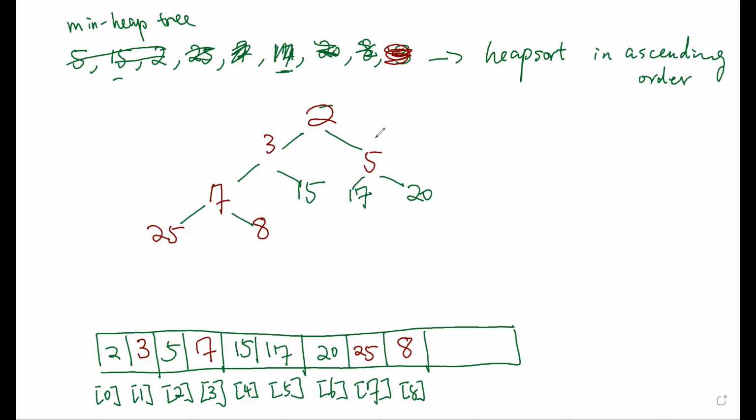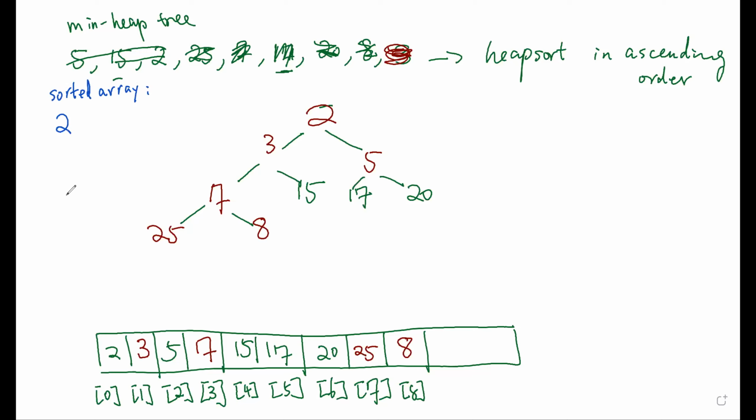The very beginning step is to get the first number out. This is the minimum number, the root node. So how about sorted? I will put it in here, sorted array.